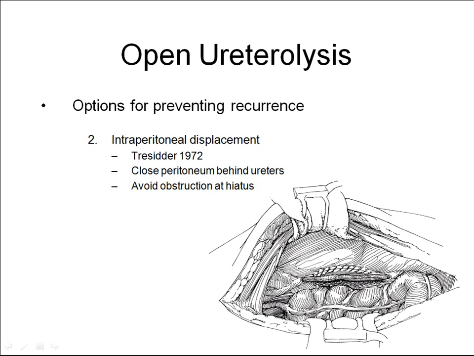This was described by Tressider in 1972, which involves mobilization and dissection of the ureter, followed by closure of the peritoneum posterior to the ureter to effectively intraperitonealize the ureter. And with this technique, it's important to avoid obstruction of the ureter at the hiatus of the closure of the peritoneum at the proximal and distal ends, so here and at the bottom.